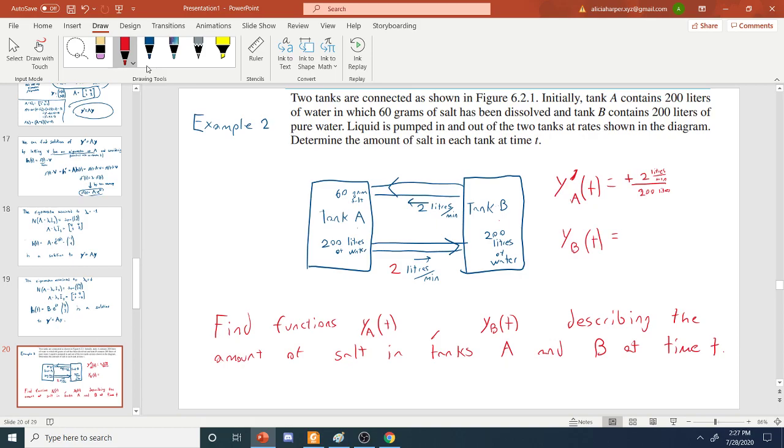Or actually just say 200 liters in general. And then times the amount of salt in the tank B.